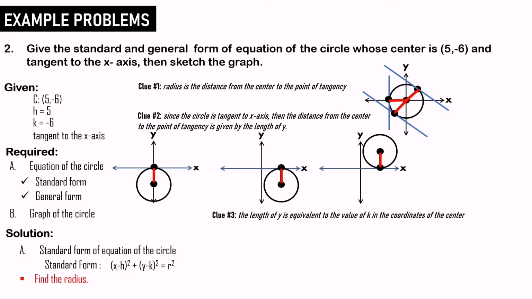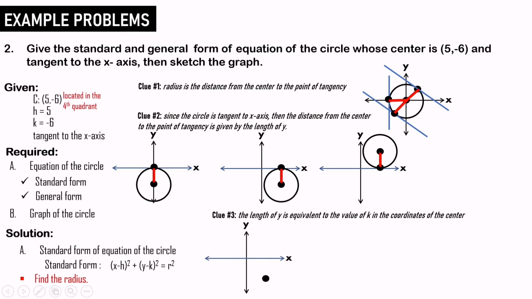Okay, so third clue, the length of y is equivalent to the value of k in the coordinates of the center, di ba? Na-mention naman na ganiha. Kani siyang k, kani siya, mao na siya ang, mao na length sa y. Okay, so for example, kani atong center, located man na siya sa fourth quadrant, di ba? Kay positive man ang x o nya negative ang y.